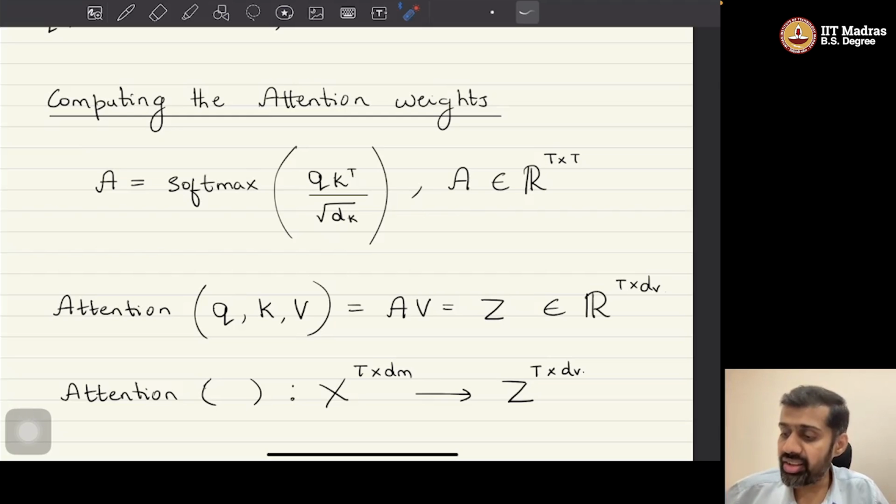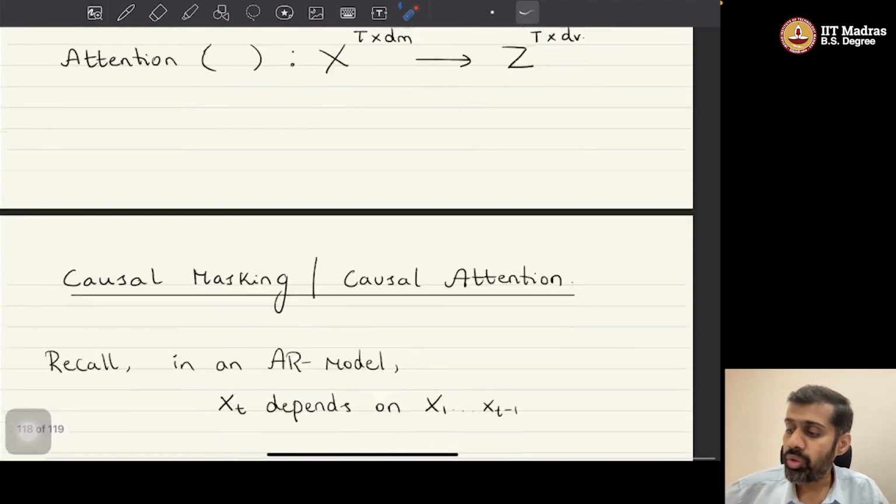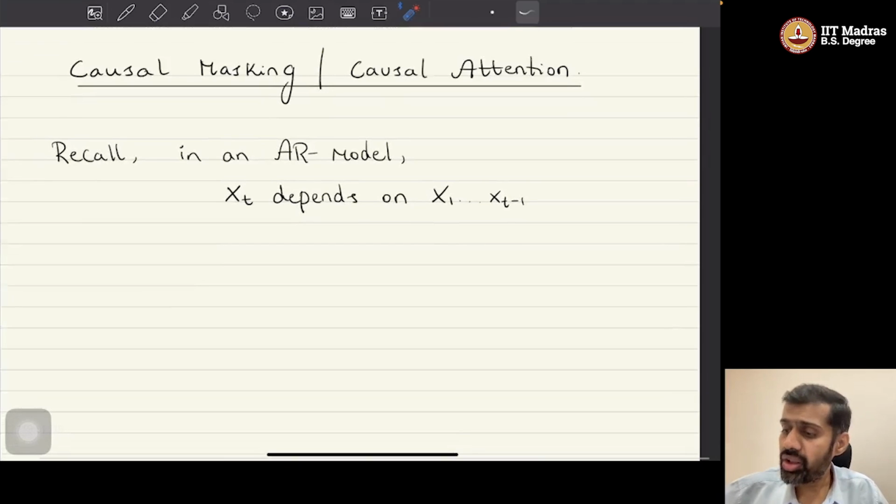We are assuming that every token depends on every other token irrespective of its position in the sequence, right? So to ensure that the attention mechanism adheres to the autoregressive nature, we have to modify it.